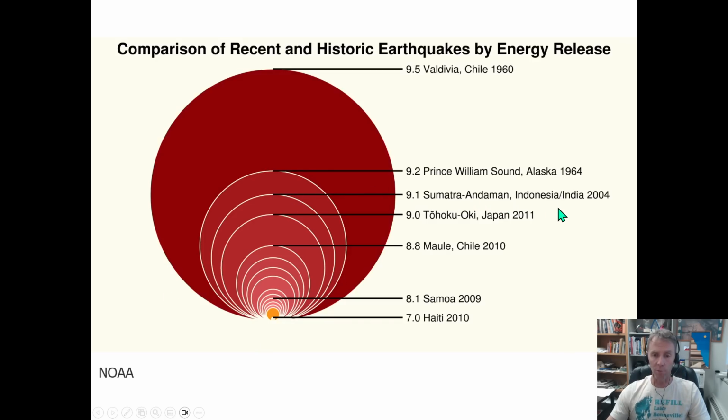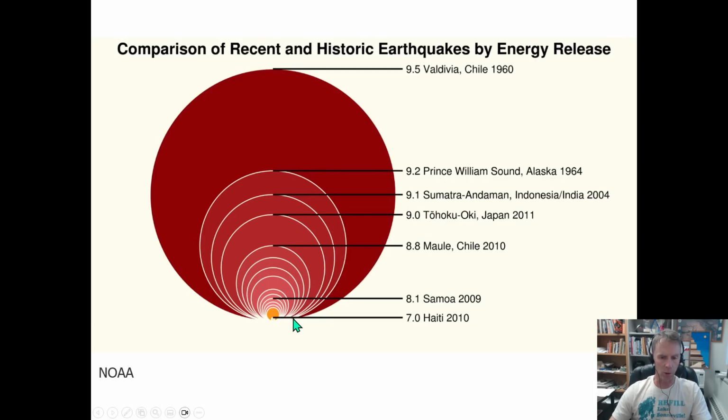The biggest earthquake of my lifetime, I was born after both of those quakes, so the biggest earthquake so far on planet Earth in my lifetime was this one in Indonesia in 2004. The Great Sumatra earthquake, 9.1. This generated a tsunami that went across the Indian Ocean and killed something like 250,000 people. Right on its heels was a big earthquake in Japan, a 9.0 in 2011.